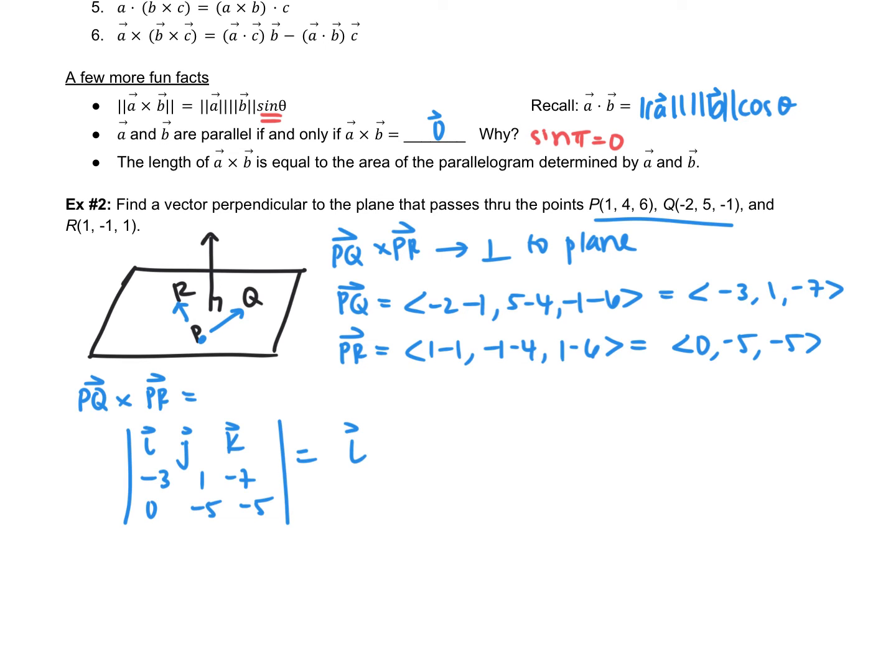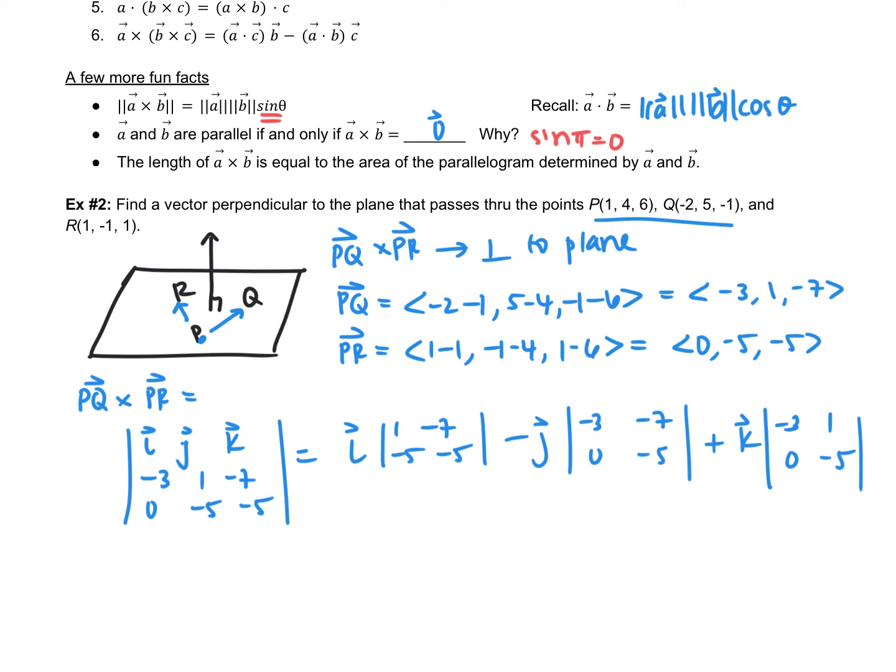So this is I times the matrix 1, -7, -5, -5. Subtract J. I have -3, -7, 0, -5. Add K. -3, 1, 0, -5.